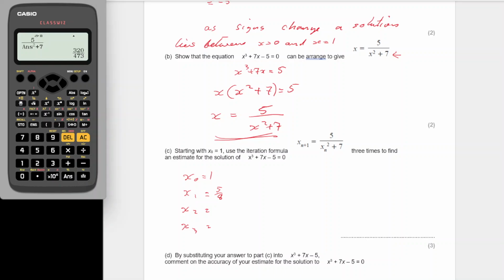My second value, pressed it too many times. Let's do that again. So 1 is my calculator memory, then I want 5 over my answer squared plus 7. First time 5/8, second time 320 over 473, third time 0.670444.